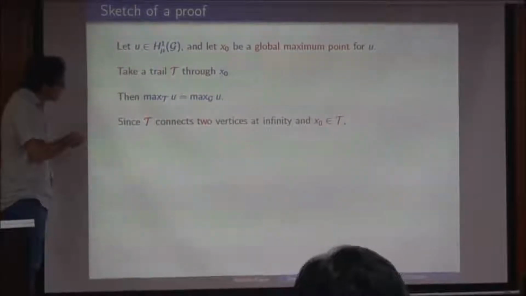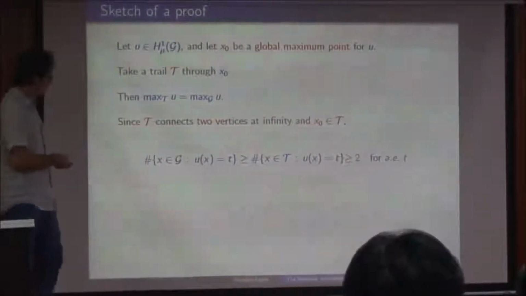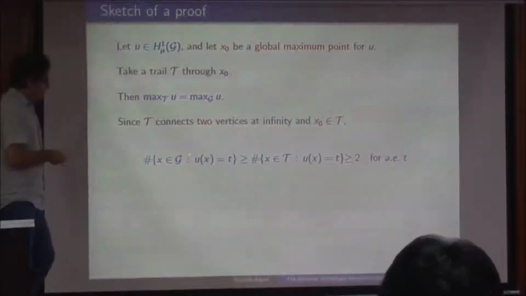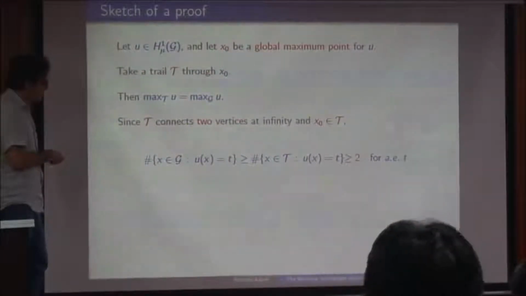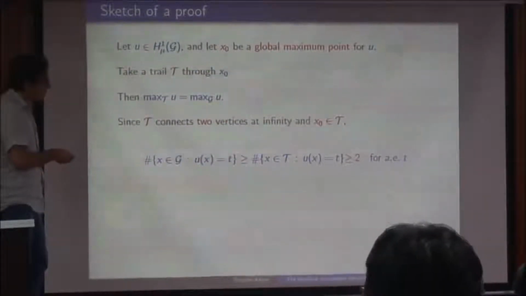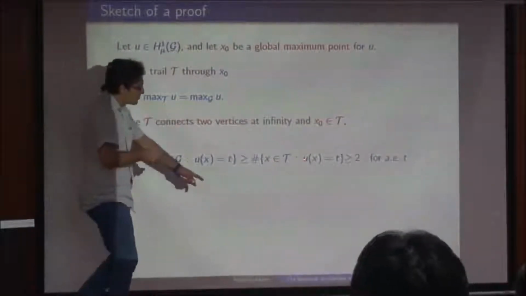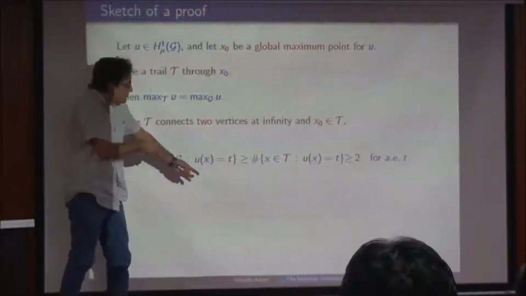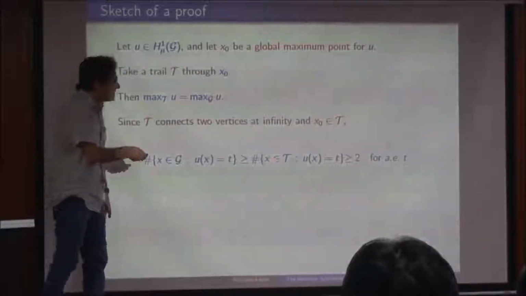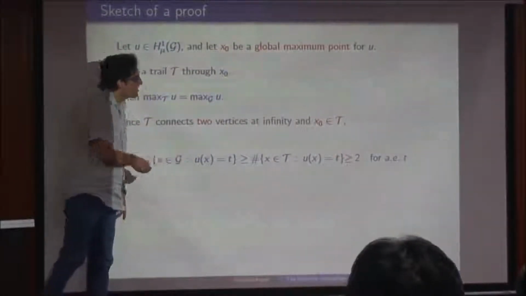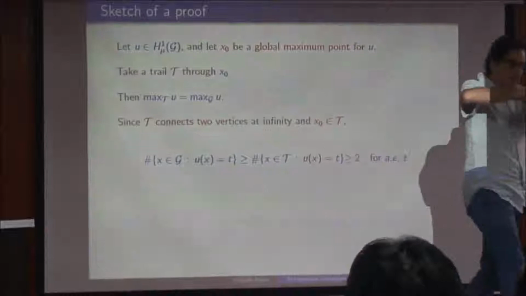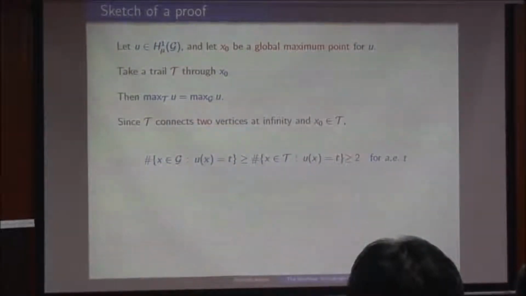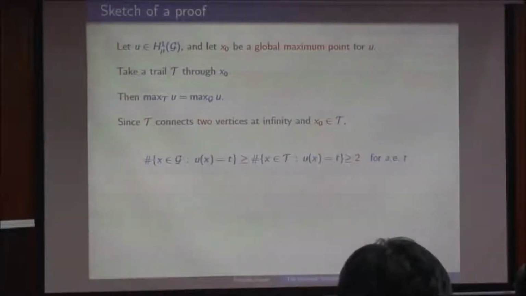Now, T connects two vertices at infinity. x0 belongs to T. So, for almost every t in the range of u, the number of pre-images of u is greater or equal to the number of pre-images of the function u restricted to T, because T is a subset of G. And this second number is greater or equal to 2, because on the single trail, the function must start from the maximum of u on G and go to 0 in two different directions.